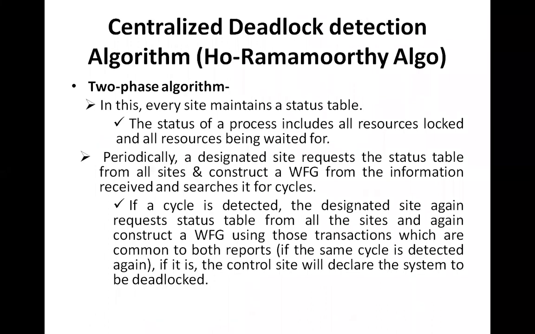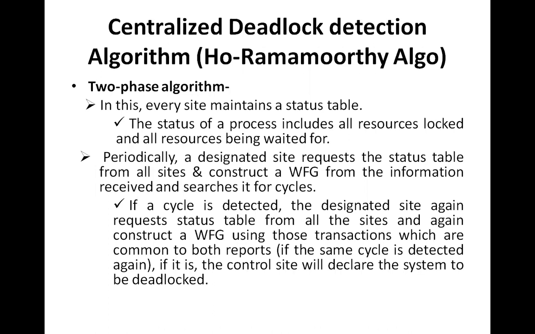Now, another centralized deadlock detection algorithm is the Ho-Ramamurthy algorithm. Ho and Ramamurthy gave two centralized deadlock detection algorithms, called the two-phase algorithm and the one-phase algorithm. They fix the problems that the earlier centralized algorithm may have.